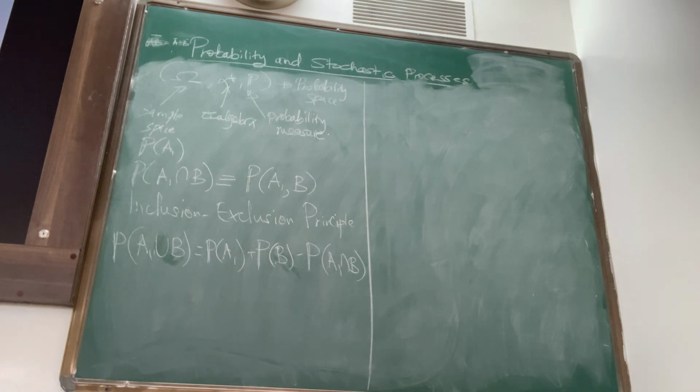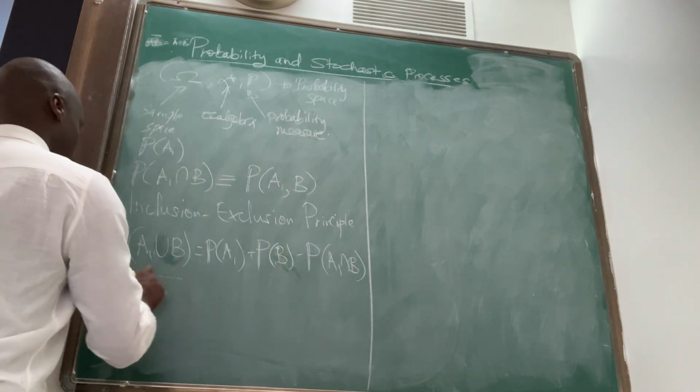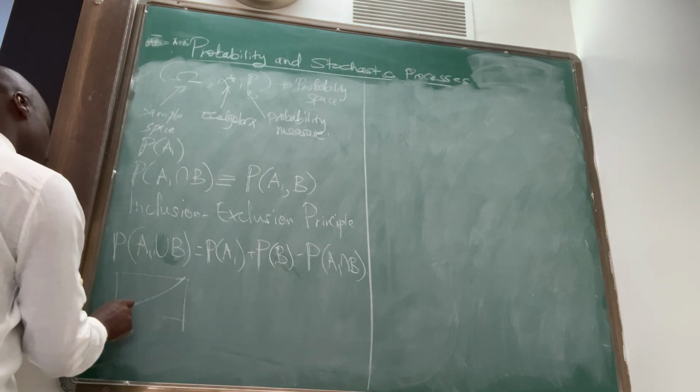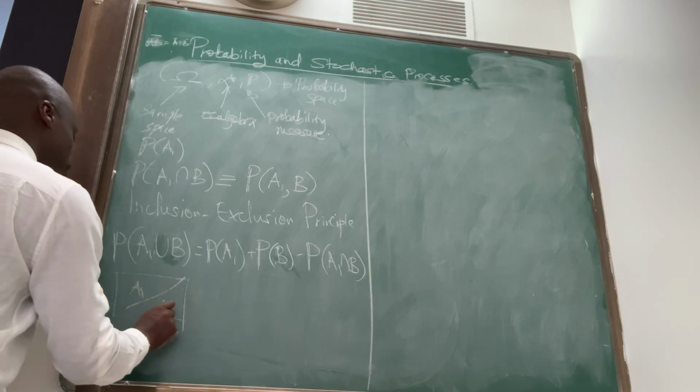Okay? Then, if they are disjoint and cover the event space, what we mean is that A1 and A2 are disjoint and cover the event space. So we have an event space like this one. Then you have A1 and A2.